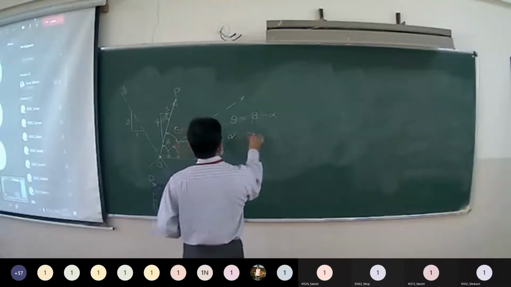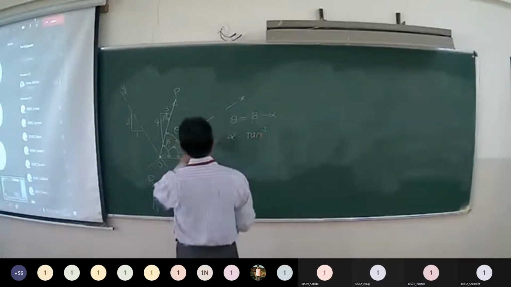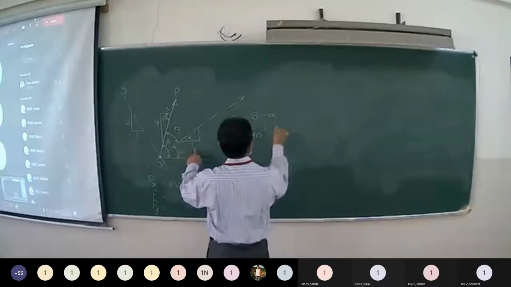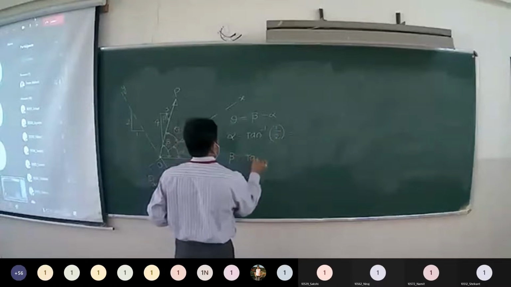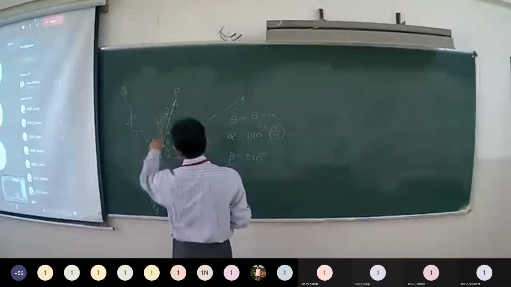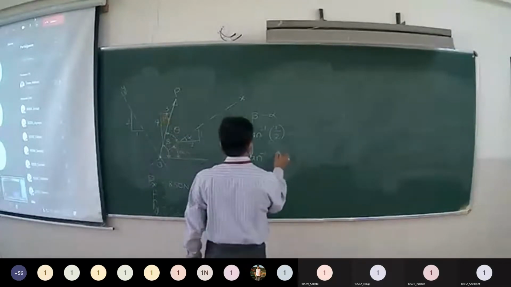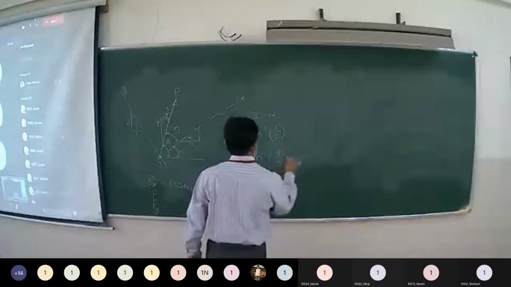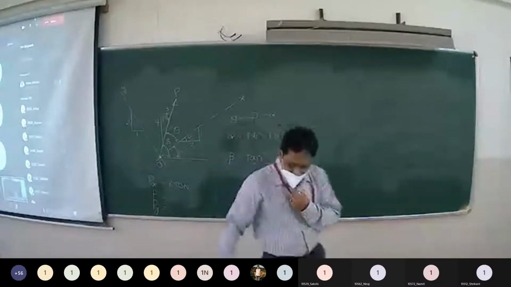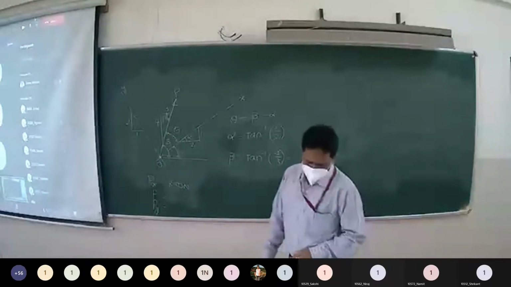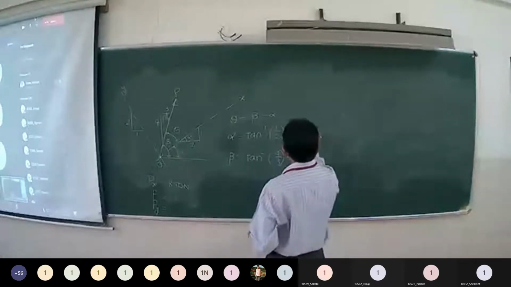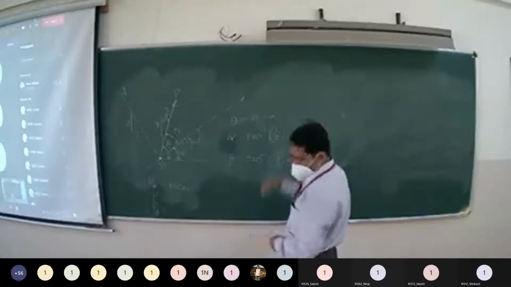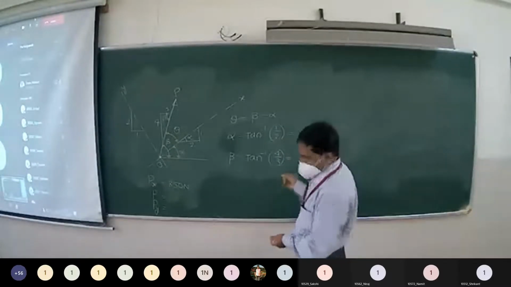Now we can find out alpha as tan inverse 1 by 2. Angle beta, tan inverse 4 by 3. Opposite by adjacent. So alpha is 26.56 and beta is 53.13.